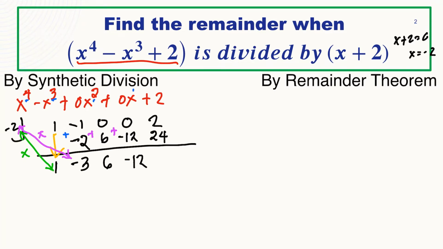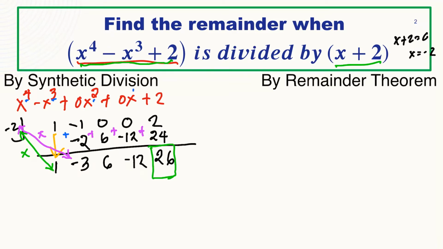And so 2 plus 24 will give us 26. So this is the remainder if x raised to 4 minus x raised to 3 plus 2 is divided by x plus 2.